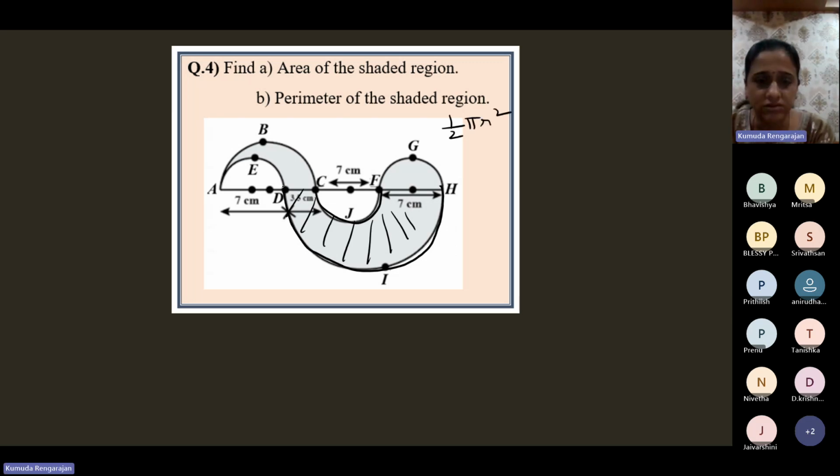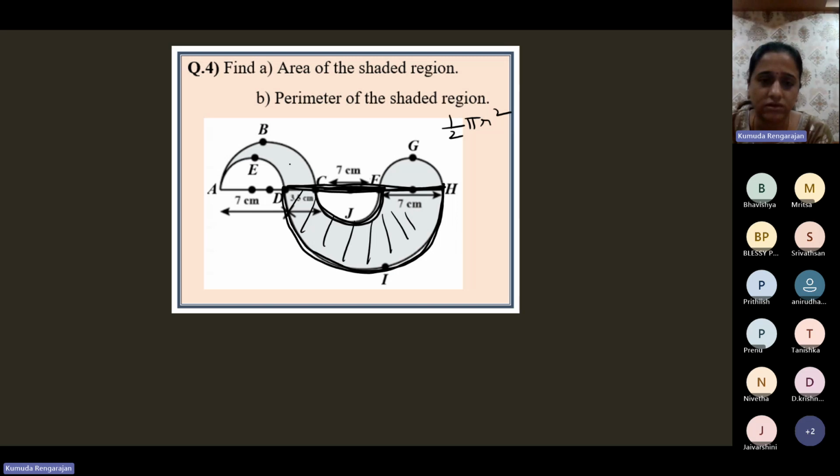This is the diameter. What's the diameter? 7 plus 7, 14, plus 3.5, 17.5 is the diameter, and by 2 is the radius. Minus the area of this semicircle. Diameter is 7, so radius 7 by 2.